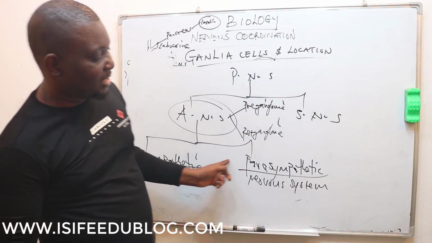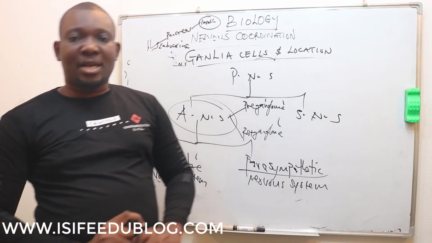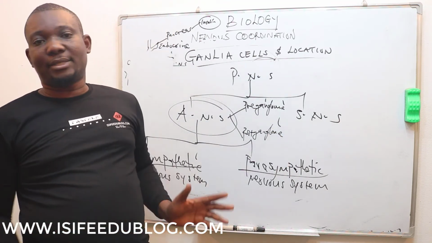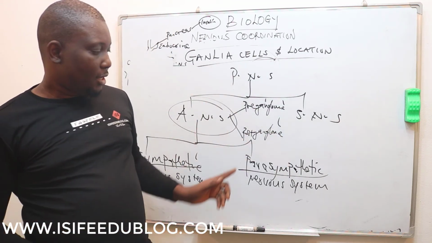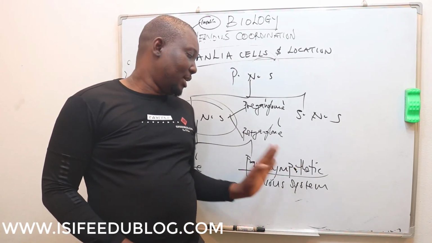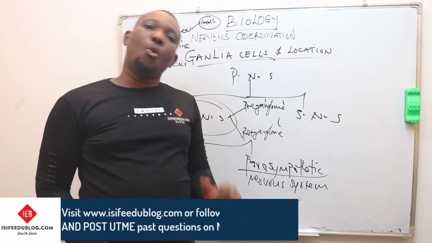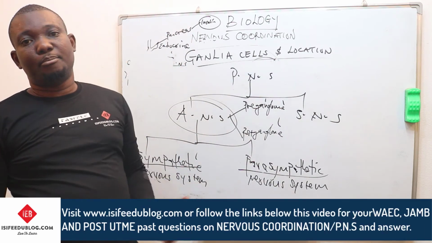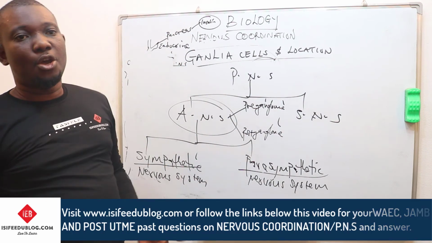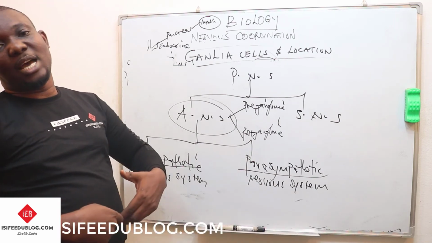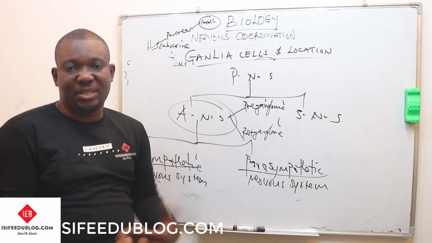So the parasympathetic is activated whenever you are relaxing, digesting, or sitting down on a couch, not thinking of much. This is when the parasympathetic is being what? Stimulated or activated. Now, when you are being chased by a bear or a fearful animal, it is assumed that the sympathetic will be activated.